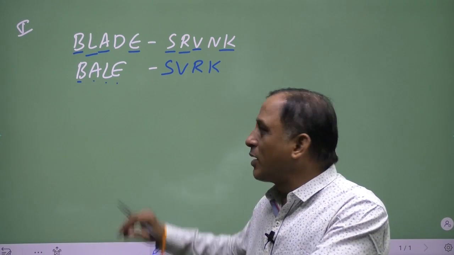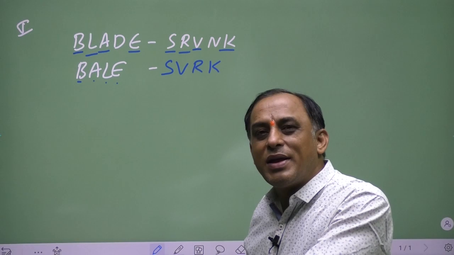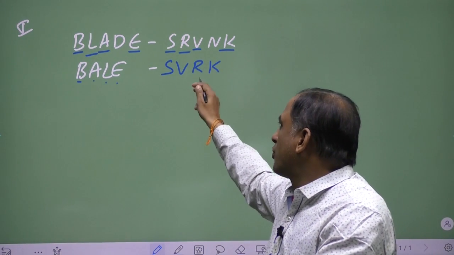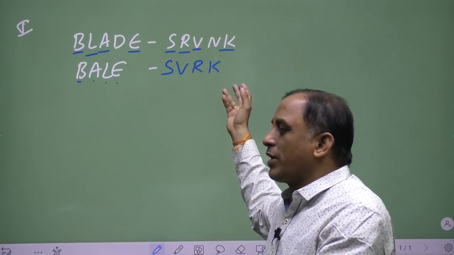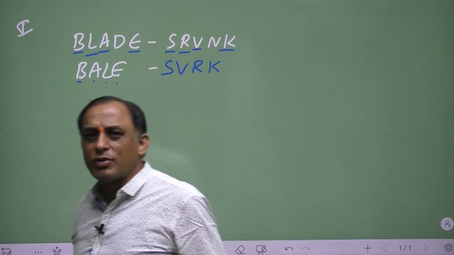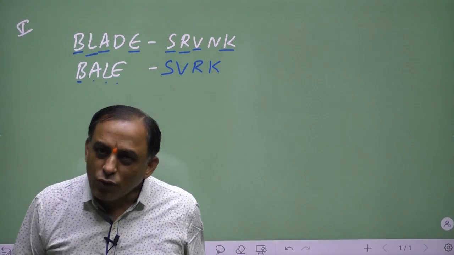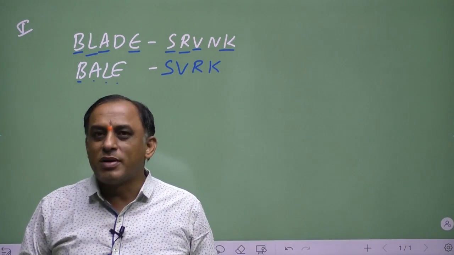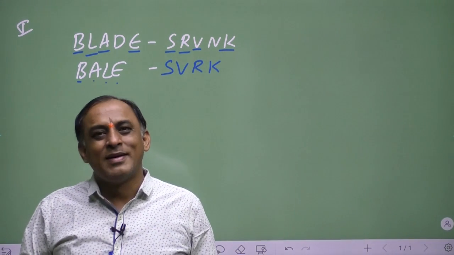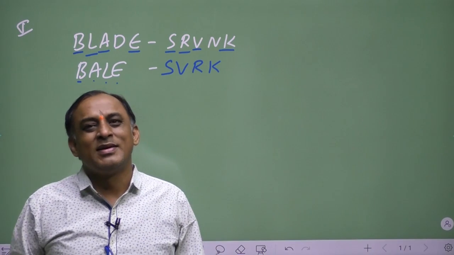All these 4 letters are covered in the given word blade. Therefore, B code is S, A code is V, L code is R, E code is K. Therefore, bail code is SVRK. Enough, only 2 lines or 3 lines, not more than 3 lines. You will get 1 mark, 2 marks in the mains examination. Clear? Now write the next question.